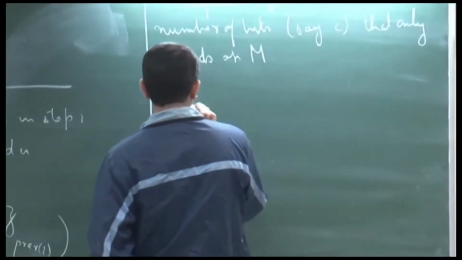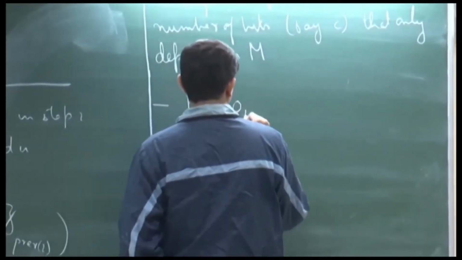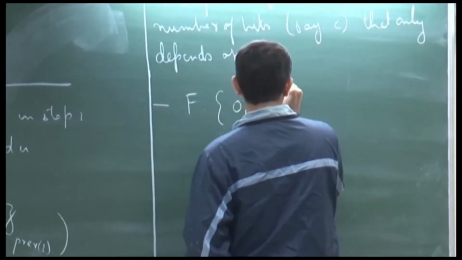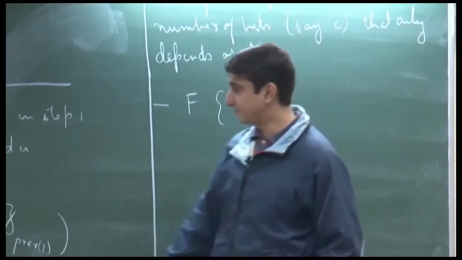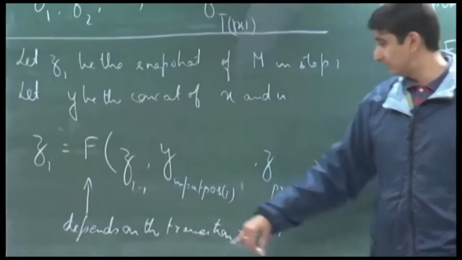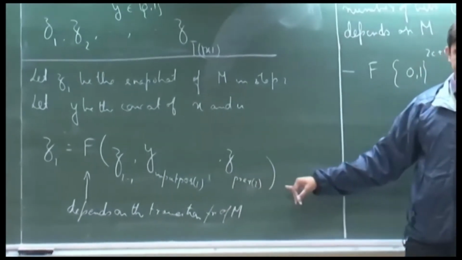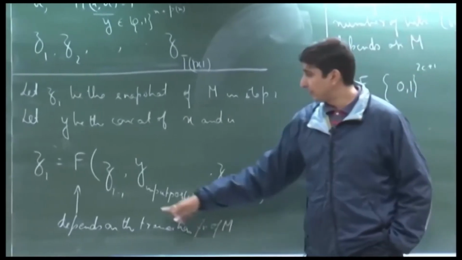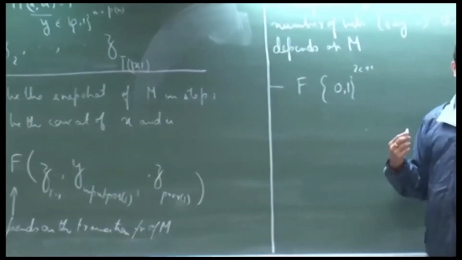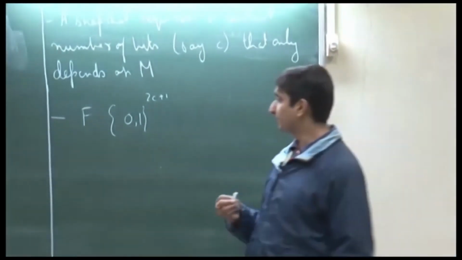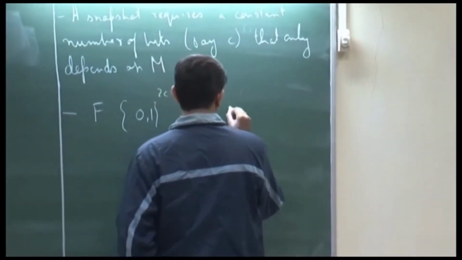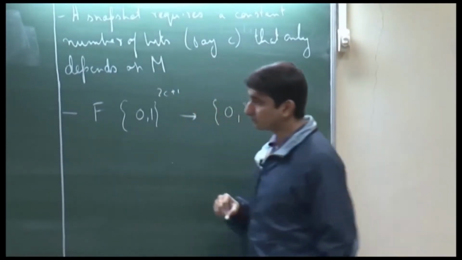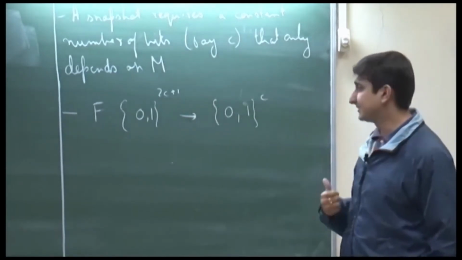F is a function which takes an argument from the set of strings of length 2c plus 1. You need c bits for the previous snapshot, c bits for the snapshot where the same cell was visited in the work tape, and 1 bit for the content of the input tape at that particular step, and it maps it to strings of length c.